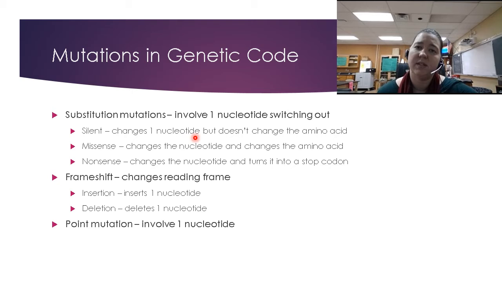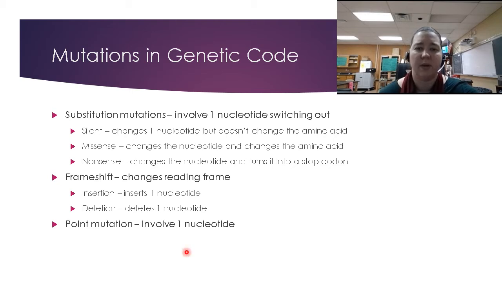That wobble position that we talked about in the last lecture is because that third base could be a few different bases, so if we change that third base, a lot of times it might not affect the amino acid at all. Missense is where we change the nucleotide and it changes the amino acid. And then nonsense changes the nucleotide and turns it into a stop codon.